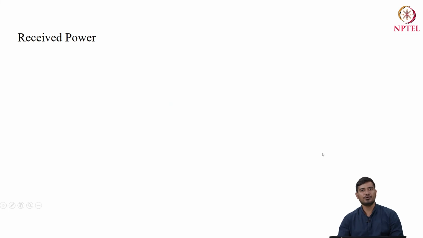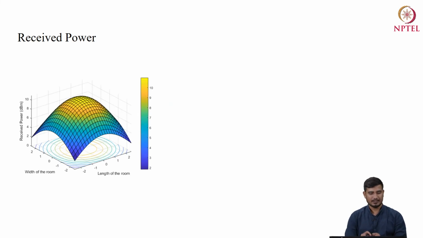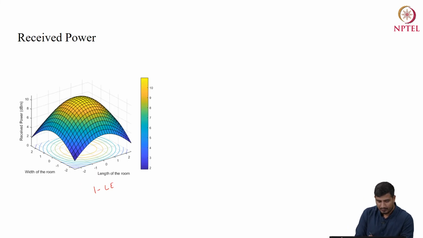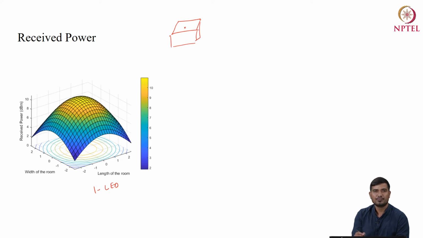Now we are going to plot the 3D received power profile. So this is the received power profile with one LED. It means in this case the LED is mounted on the center of the room. You can see here the maximum power is exactly below where the LED is placed, which is 10 dBm, the maximum power that we are getting.